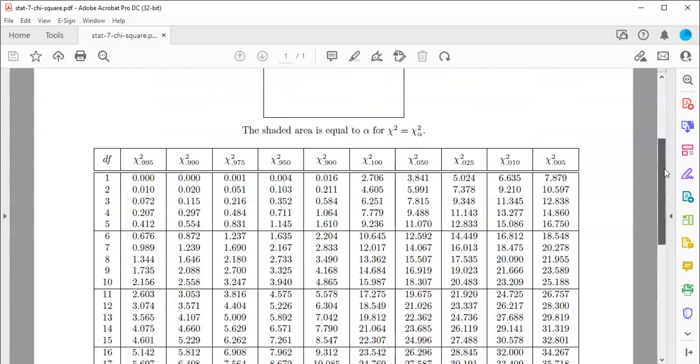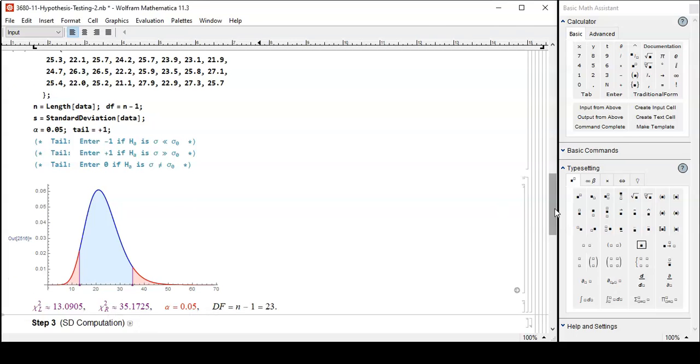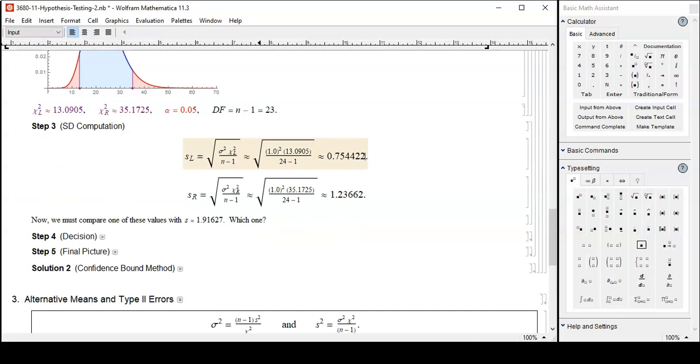All right, let's go back to the problem. So 13 point something, 35 point something, and then we'll calculate the variance values associated with those chi-square values. There you go, there's one, and there's two.